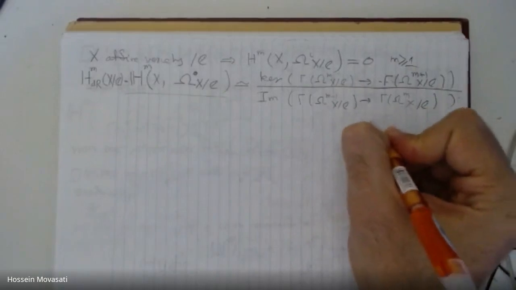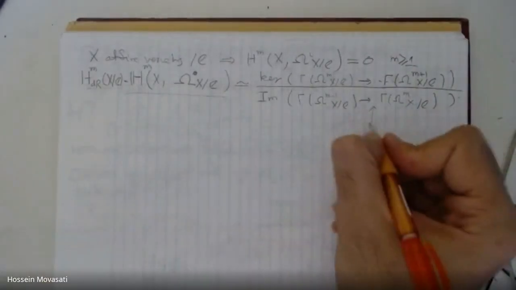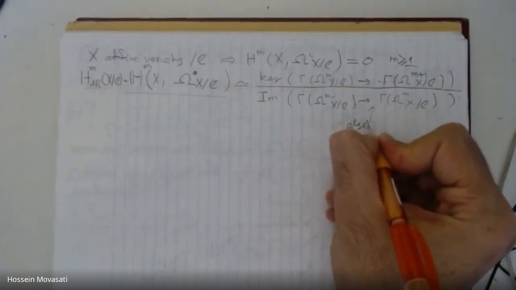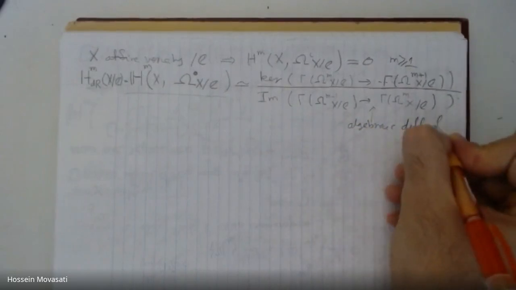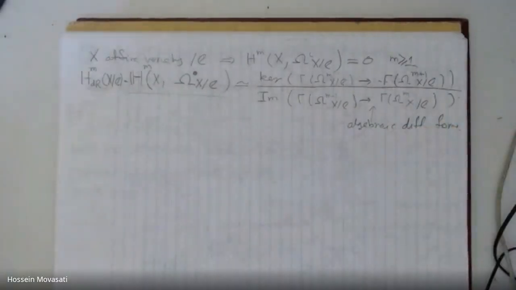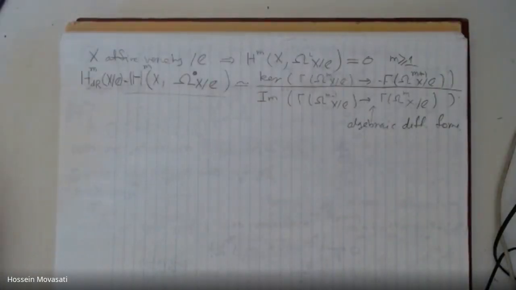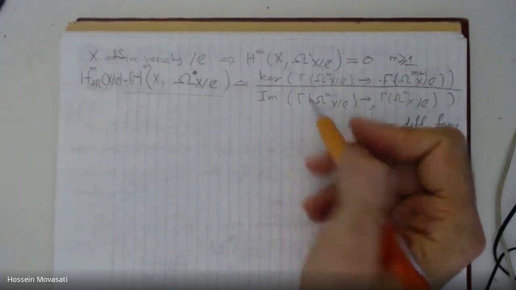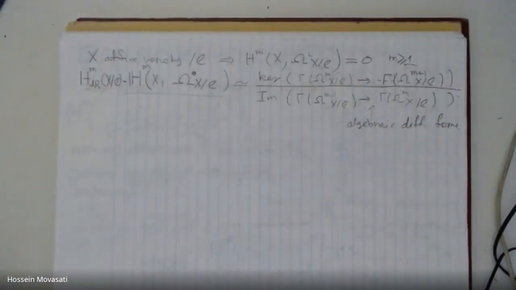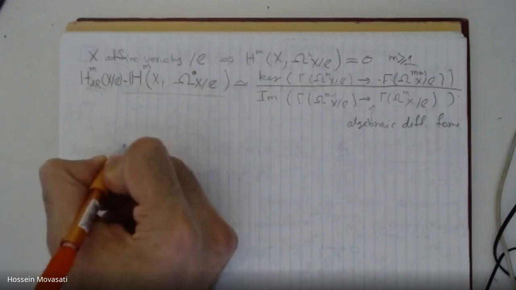The difference with the previous one is that the previous one was C-infinity forms. Here we still have algebraic objects, algebraic differential forms. But one can still ask what is the relation with the classical de Rham cohomology.